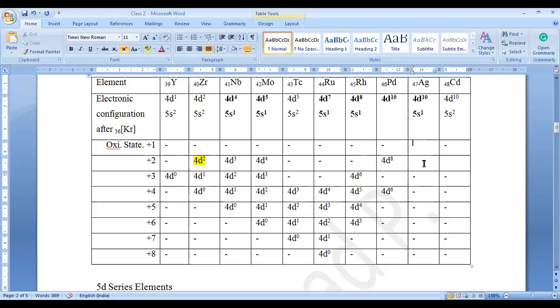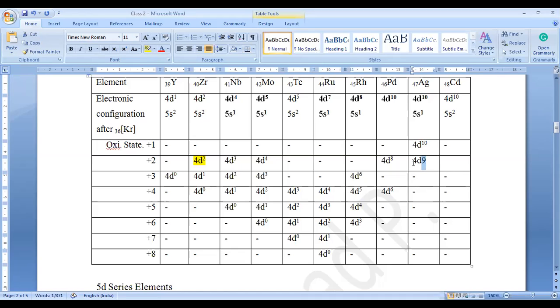In case of silver it becomes 4d10, that is +1 oxidation state for silver, and also 4d9.